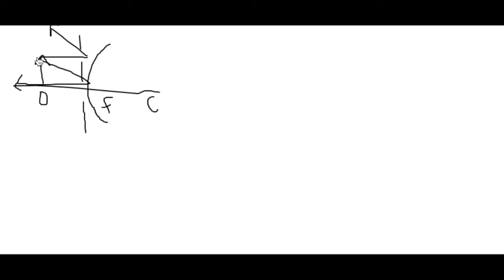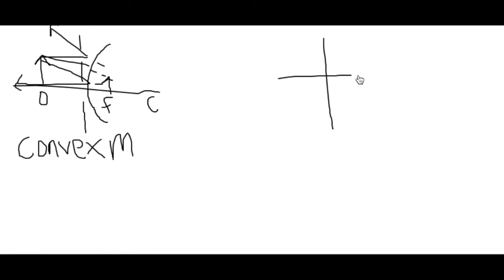Diverging is in convex mirrors and in concave lenses, and that is where the lines don't extend through and it becomes a virtual image. So we're going to see as these are being drawn that they're going to end up being virtual. And the virtual is shown by dotted lines on the opposite side of the mirror. And you know that this is a convex mirror because the focal point is on the other side of the mirror as the object.